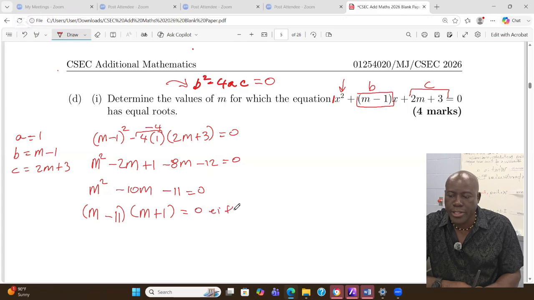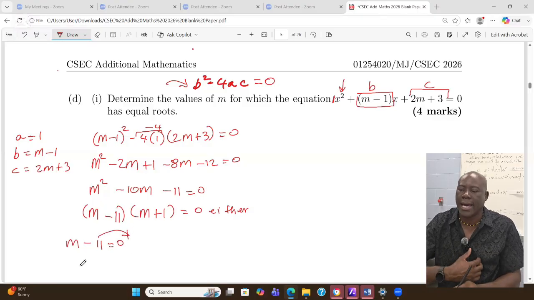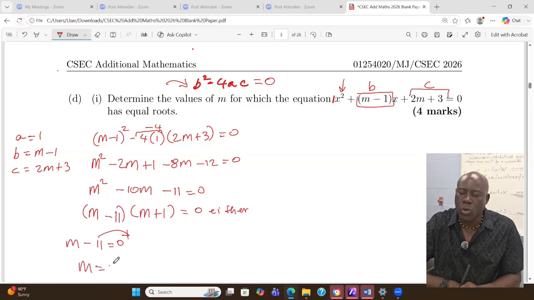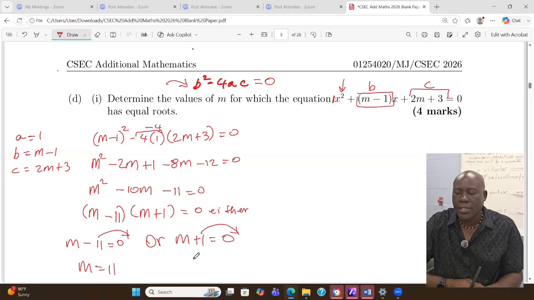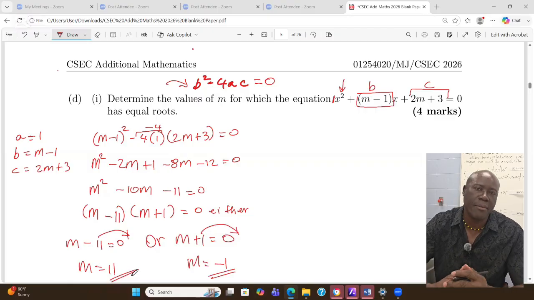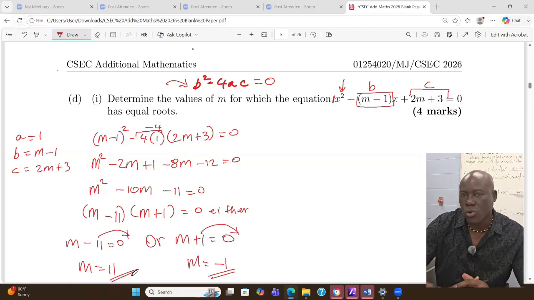Either m minus 11 equals 0, so m is equal to positive 11, or m plus 1 equals 0, so m is equal to negative 1. These are our two solutions for m: m is equal to 11, and m is equal to negative 1.